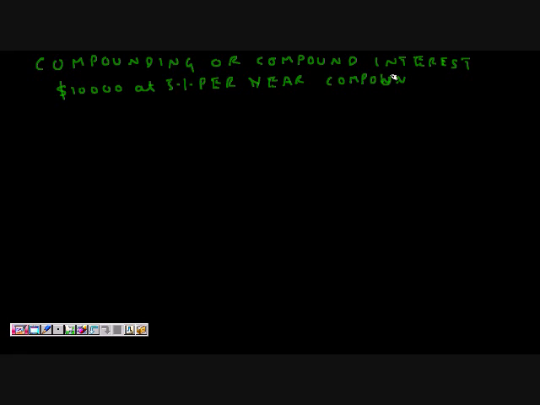Compounded annually means that the interest is calculated at the end of every year. Okay, so let's say this is compound interest, and then this is simple interest.